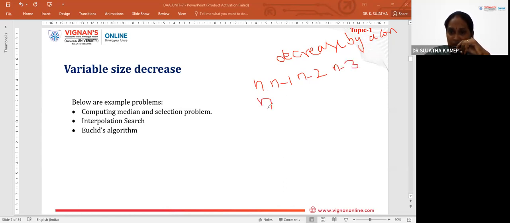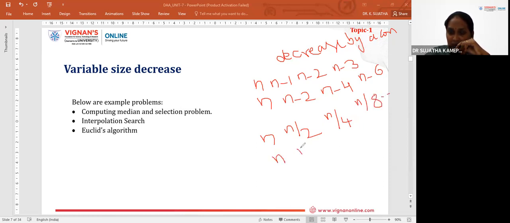So if your problem is n, in the first iteration, if it is decreased by 2, then the size of the problem becomes n minus 2. In the next iteration, the size becomes n minus 4, and in the next iteration n minus 6. Like that, it will be presented. In case of decrease by a constant factor, if your initial problem size is n, the problem size in the next iteration becomes n by 2, then n by 4, and so on.